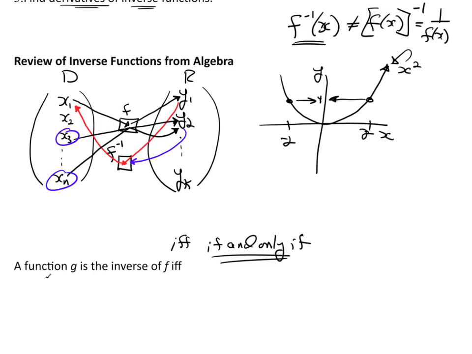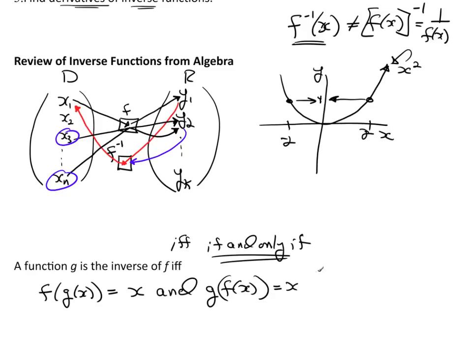So a function g is the inverse of f if and only if f of g of x is equal to x and g of f of x is equal to x for all x in the domain of f. That's what inverses do.